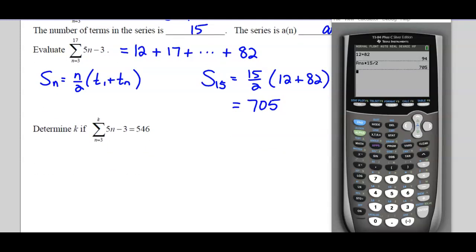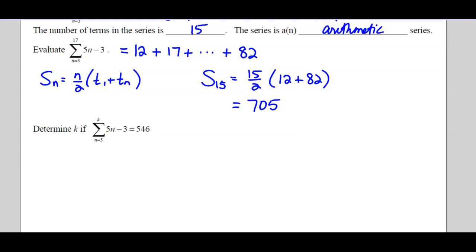Okay, so then this one, determine K if we're given the sum. Obviously, if it's in a numeric response or multiple choice, if it's multiple choice, you could just substitute that K value into your sum formula and find the one that works. In this case, let's do the algebraic full solution for this.